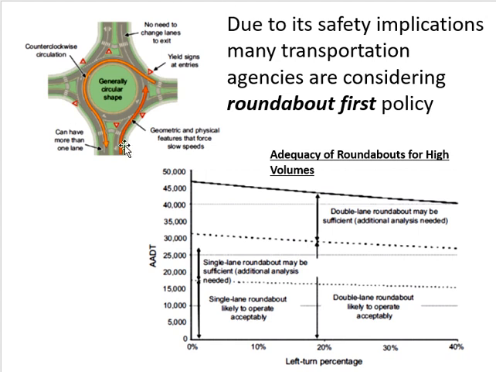So some features of the roundabouts I mentioned here. We put them normally in circular shape, unless there's a problem with the space available. It can have more than one lane. And because of the circular movement, the speed is reduced. As I mentioned, all entries are considered to be yield or give way.